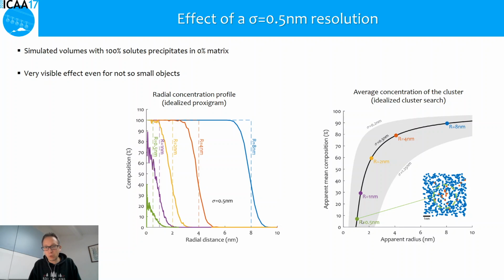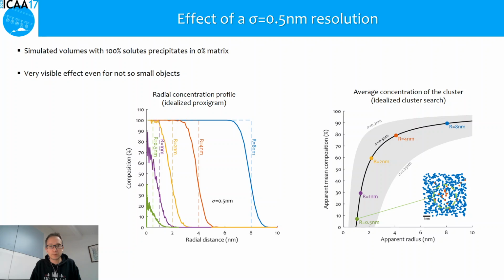And of course, for the smaller ones, it's not even 10%. And these were 100% solute clusters, so keep this in mind. So this value of 0.5 nanometer resolution is actually a good one. It's an excellent spatial resolution, but its effect on the actual results is probably a bit harsher than most people would expect.